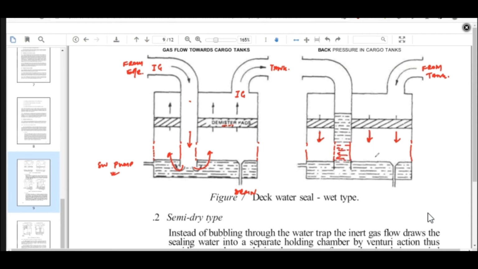So what it does is it pushes the liquid up. There is a liquid column which seals the flow of inert gas. So IG is not able to push this one up so much, and therefore it will not be able to go back to the engine room.